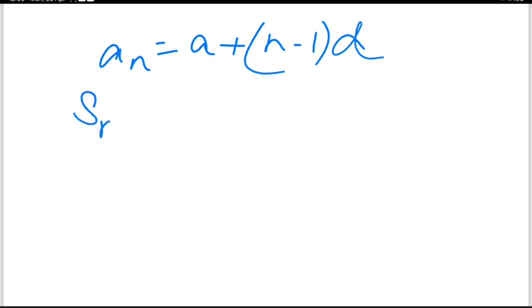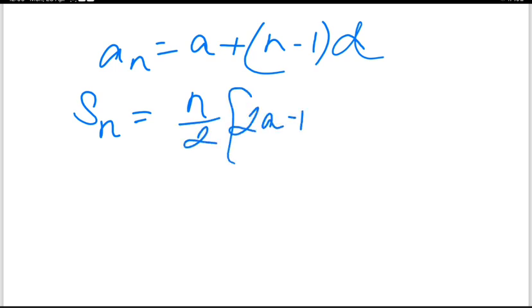Sn, that is the sum of all terms, is n by 2 into 2a plus n minus 1 into d. So Sn means the sum of all the terms of the AP. If you need to find the sum of all the terms of the AP, you can use this formula.